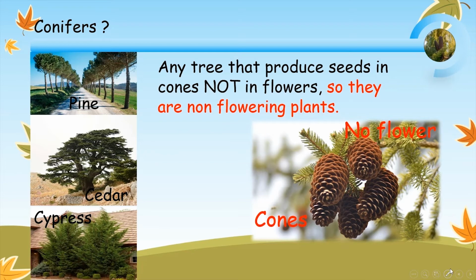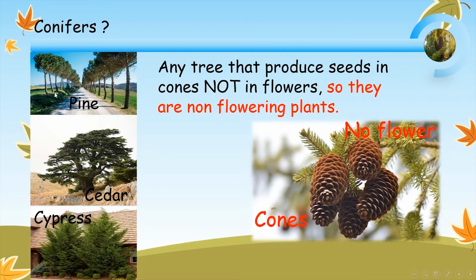In the flowering plant, the flower is the main part, the part that is responsible for producing seeds. But in the non-flowering plants, the cones are the part responsible for producing seeds, not the flowers, because they don't have flowers. So they are non-flowering plants.